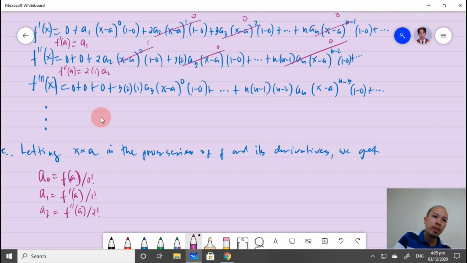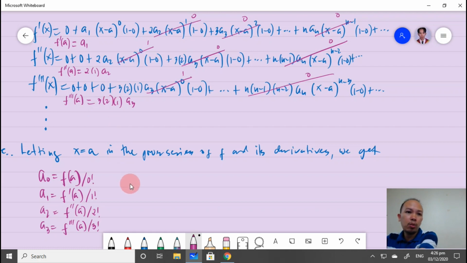The 2 times 1 here is 2 factorial, so we divide both sides by 2 times 1. Continuing this process, let's try the third derivative. This becomes 1, and the rest becomes 0. So we have 3 times 2 times a sub 3, and a sub 3 will become the third derivative of a over 3 factorial.